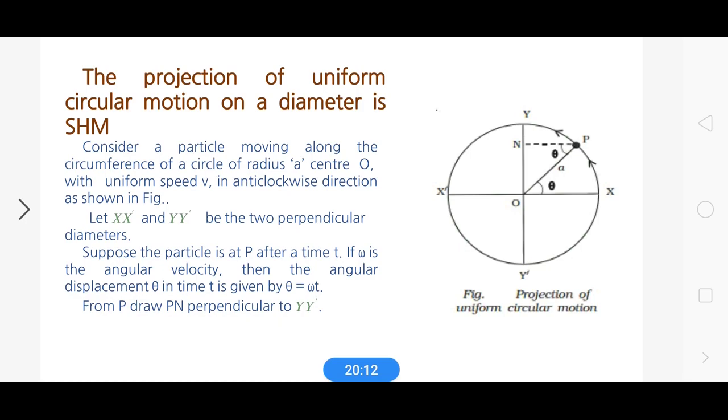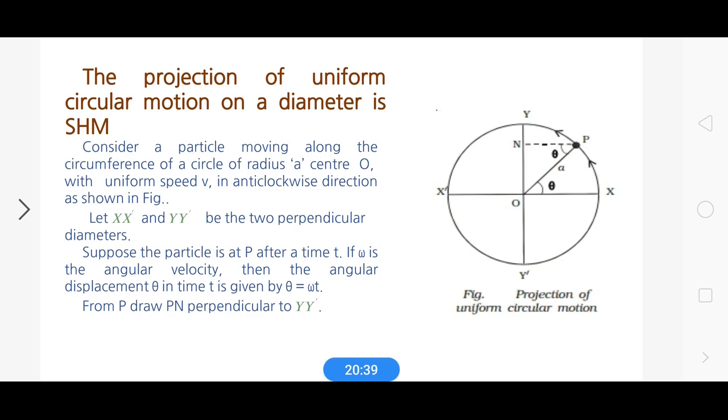I am considering two diameters here, X dash and Y dash, and O as the center. The angular displacement covered by the body is theta, where theta is omega t. Angular velocity is omega, and the linear velocity of the body is v.